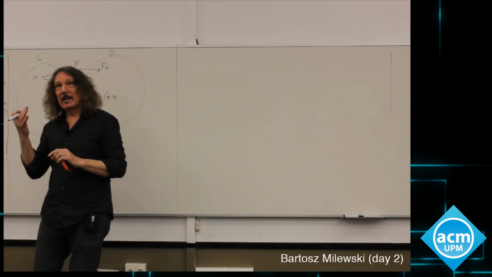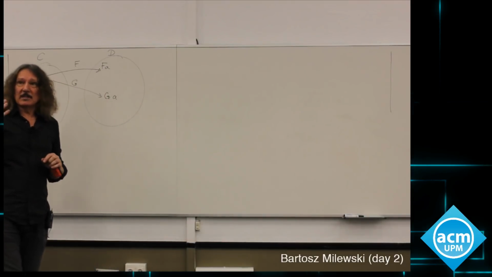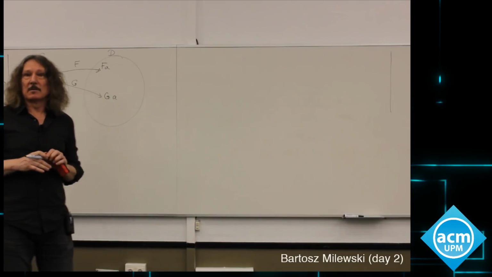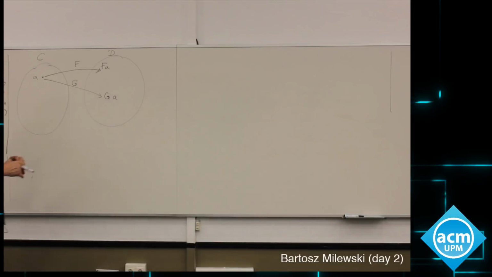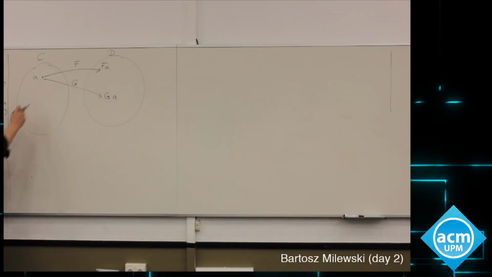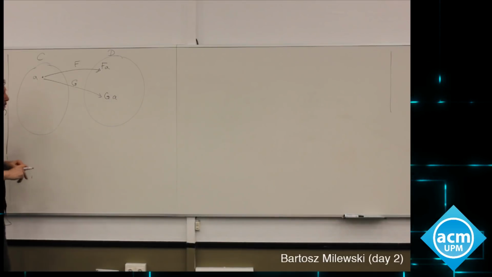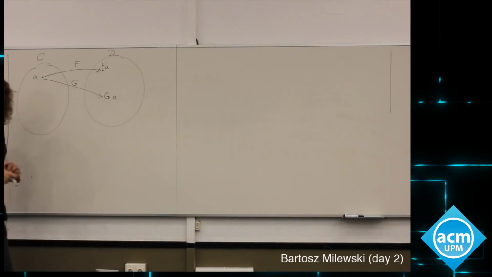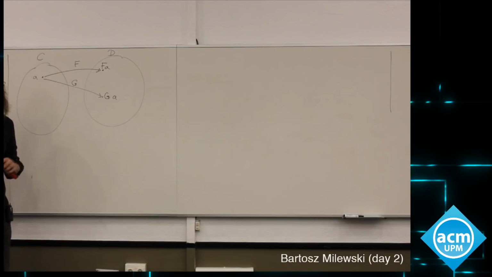In other words, we have two functors, and we want to define a mapping between two functors. So obviously, part of this mapping should be a mapping of objects.